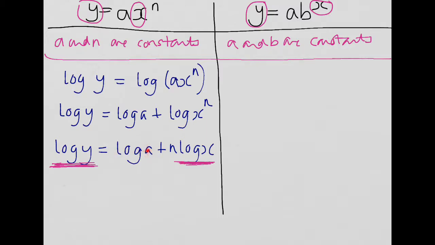The log of a will always be the same value, and n is a constant, so we are always multiplying by the same amount.